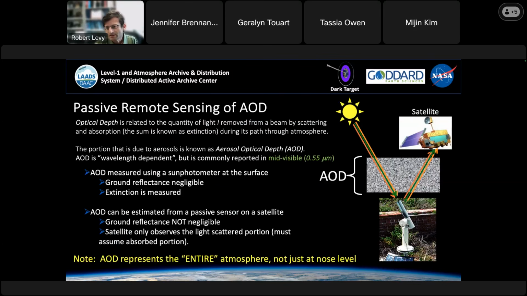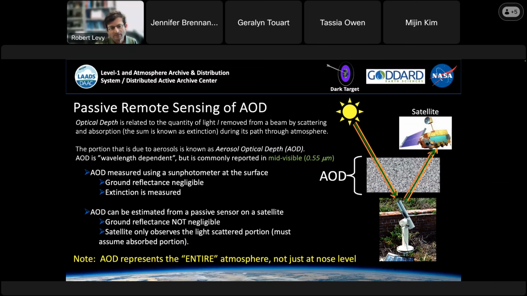AOD can be measured directly from the surface using something called a sun photometer, where the ground reflectance is negligible, and we can pretty much measure exactly what the optical depth is. Or it can be estimated from a passive sensor on a satellite, but you do have to take into account the ground reflectance, as well as the fact that you really only can see the light-scattered portion.